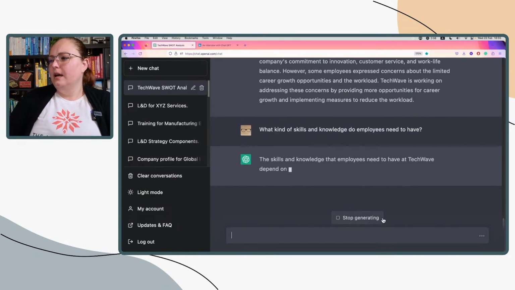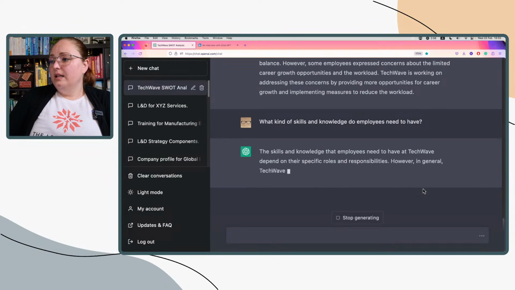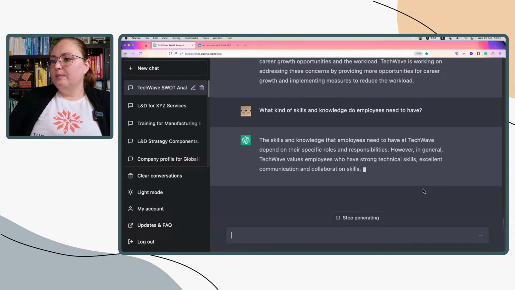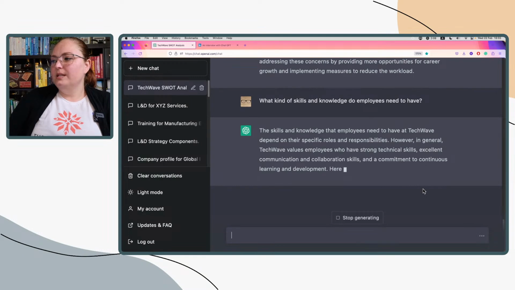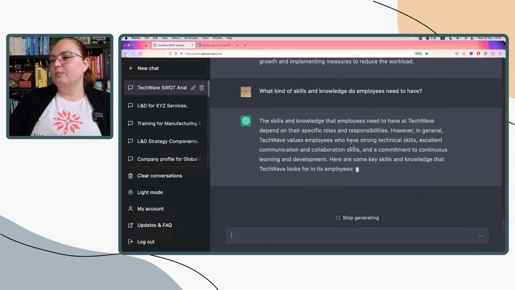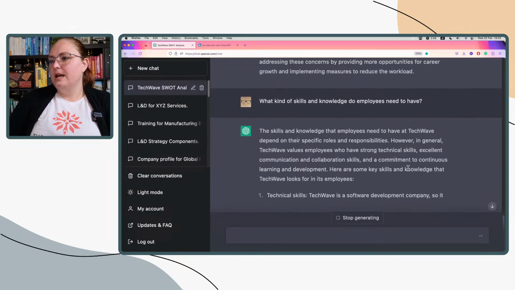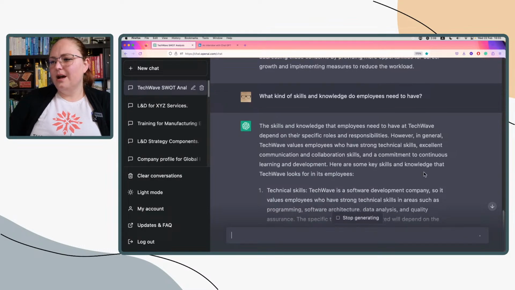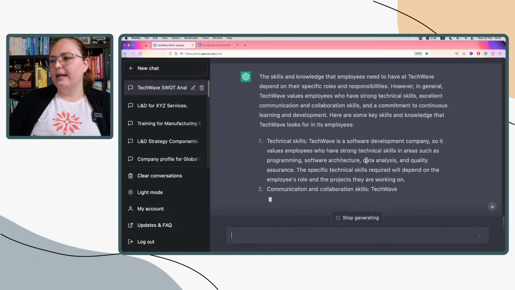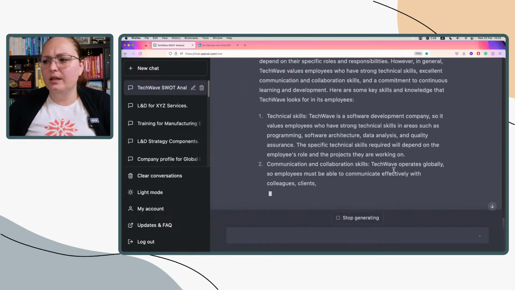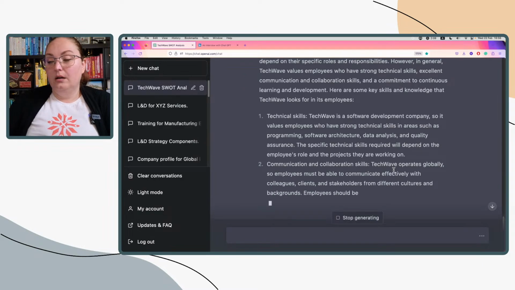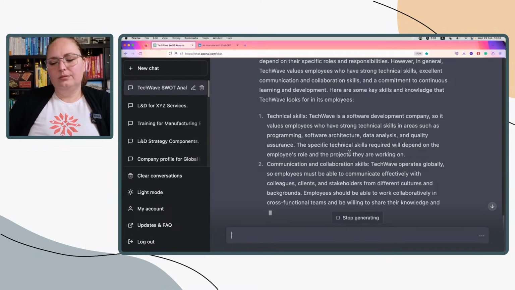Let's see. The skills and knowledge that employees need to have at Techwave depend on their specific roles and responsibilities. However, in general, Techwave values employees who have strong technical skills, excellent communication, collaboration, and a commitment to continuous learning. Here are some key skills and knowledge that Techwave looks for in its employees. Okay, so it's going to give us a list, right? That's good, I suppose.